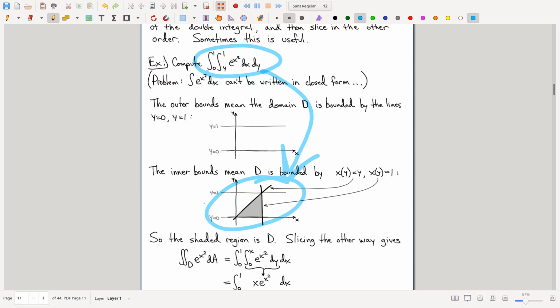And then you could take that double integral and you could slice it up again, perhaps in the other order. It wouldn't make any sense to slice it up and go right back where you'd been.